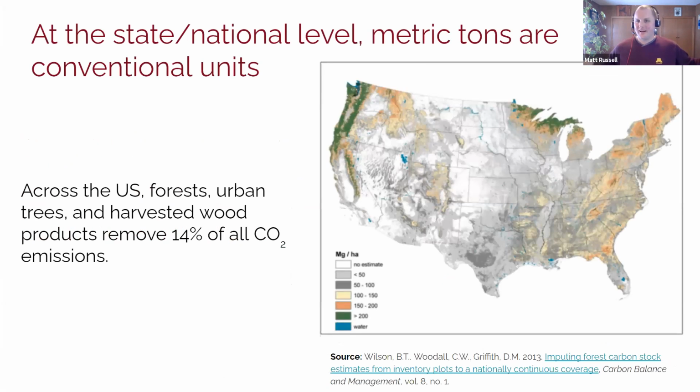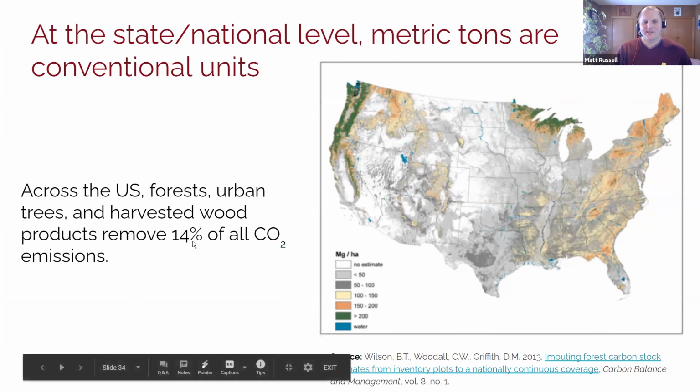So when we talk about, like I said earlier, carbon at a national scale or even at an international scale, we have to start using metric tons, just because that's what's being used across many different agencies, many different players that are looking at carbon across the nation. On the whole, this number changes a little bit every year across the US.